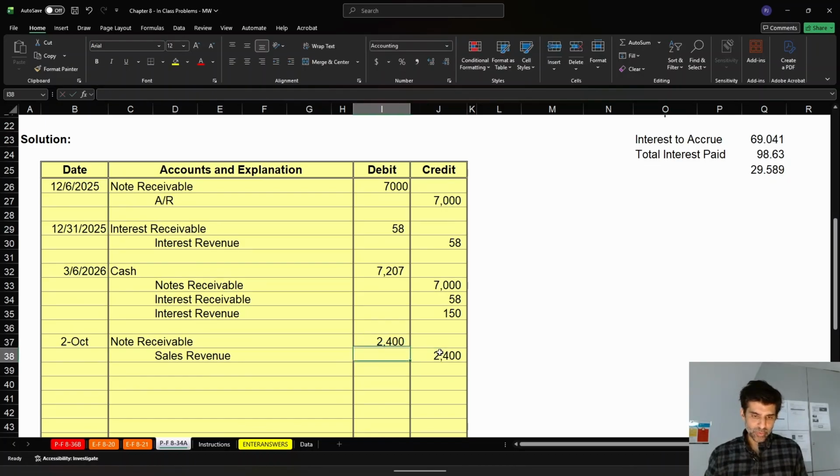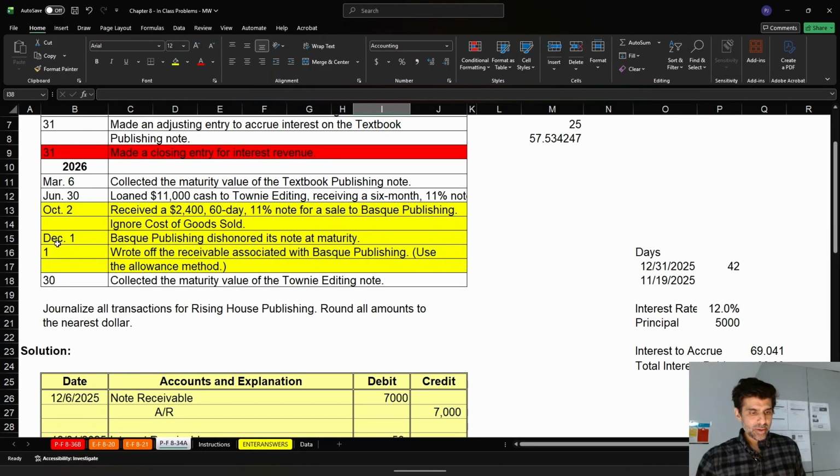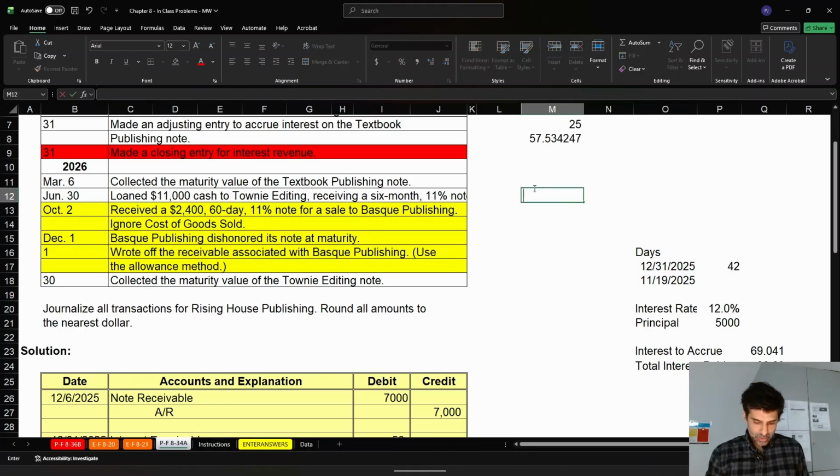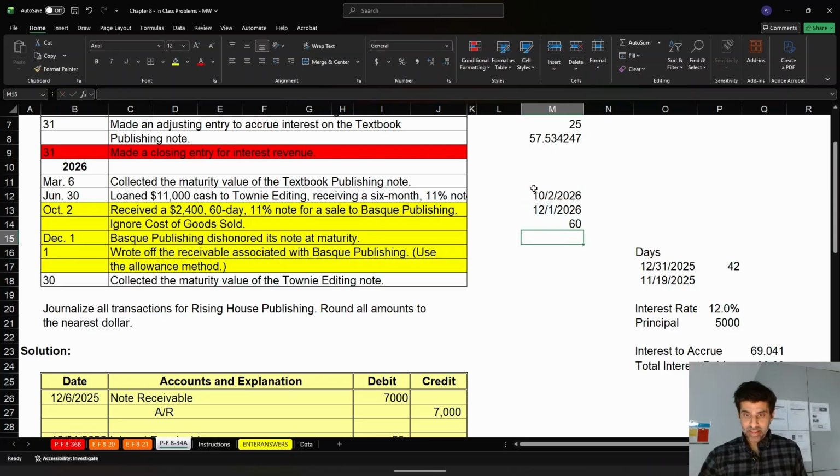in this note receivable. But a couple months later, things go bad. Okay, this person's not going to pay you. And in 2026, we're writing it off on 12/1/2026. That's 60 days.